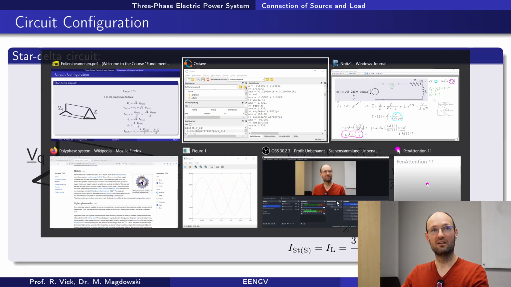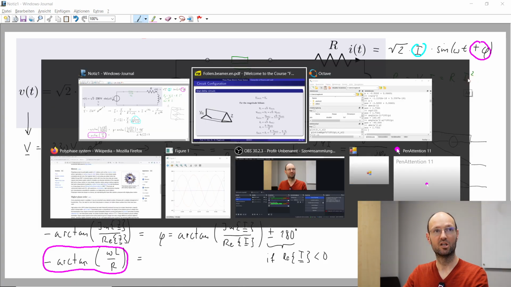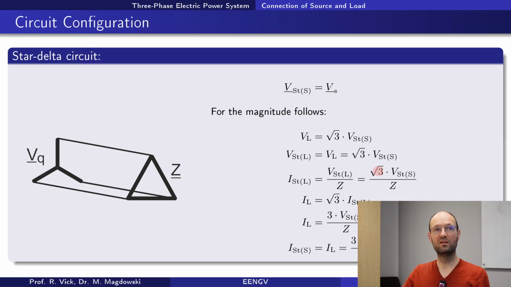And if we calculate power, for example, using this equation that we've written down, power is proportional to the square of the current. So if we have square root of 3 times more current, we get 3 times more power. And this is then also some advantage of 3-phase systems.